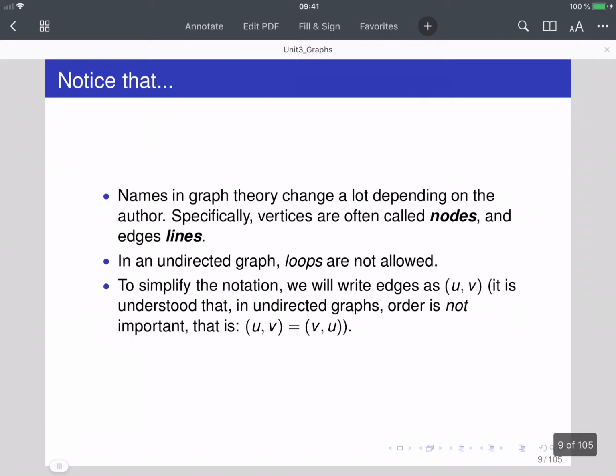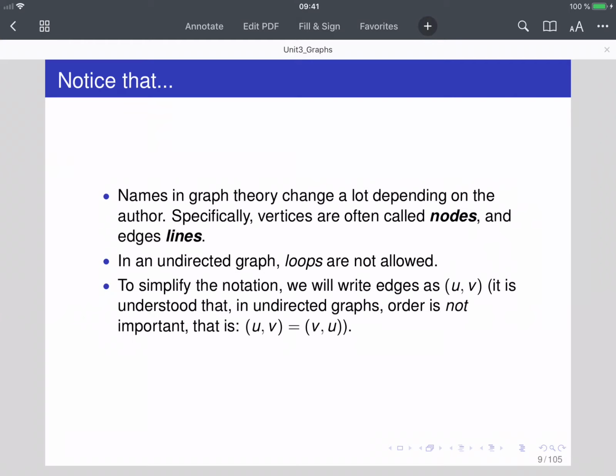One thing that you need to take into account is that we have here called the elements vertices. Each element is a vertex, and the connections edges. But if you read books on graph theory, you will find that these names change a lot. Depending on the book that you are reading, maybe you find a different name. So for instance, vertices are sometimes called points or elements or nodes or, I don't know, circles.